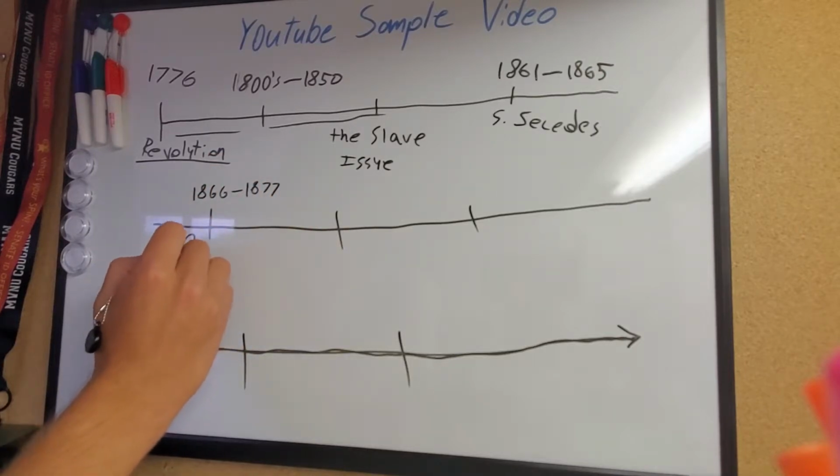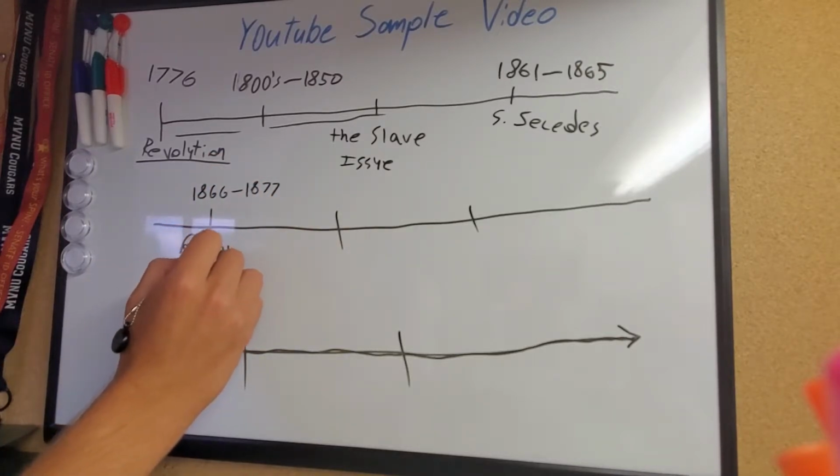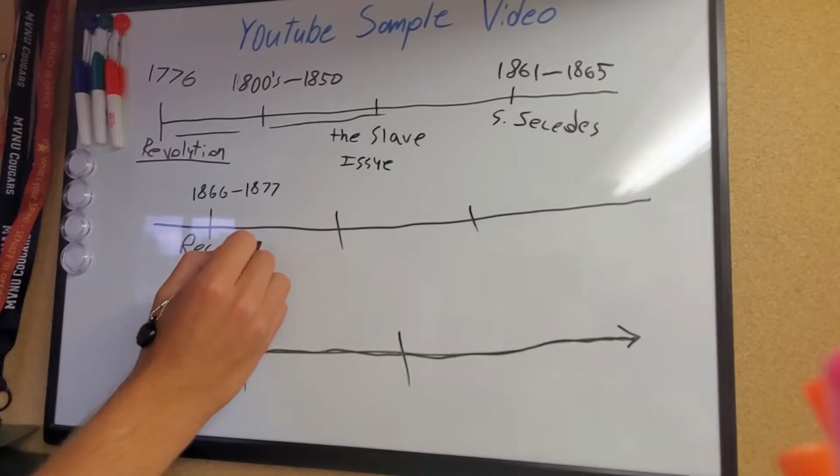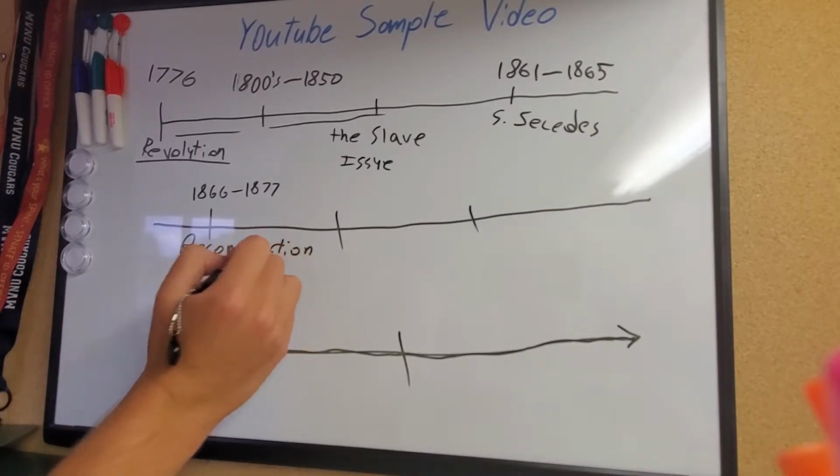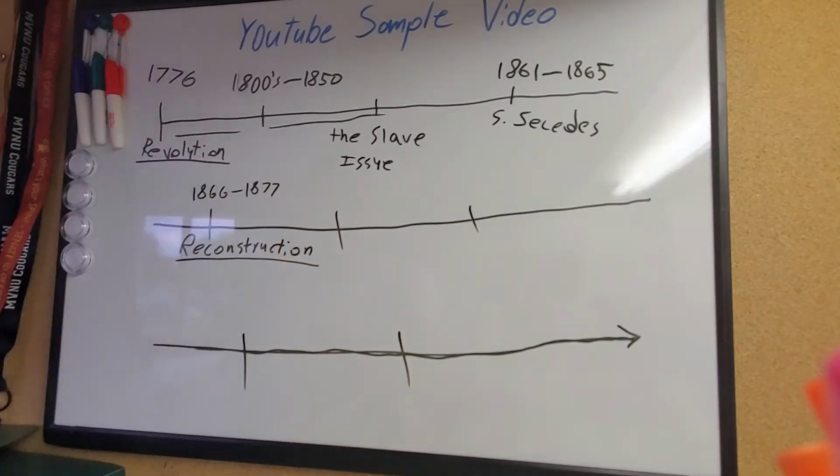And this is when the North tries to rebuild the South, and they install military districts to ensure that the South supports civil rights and freed slaves' rights.